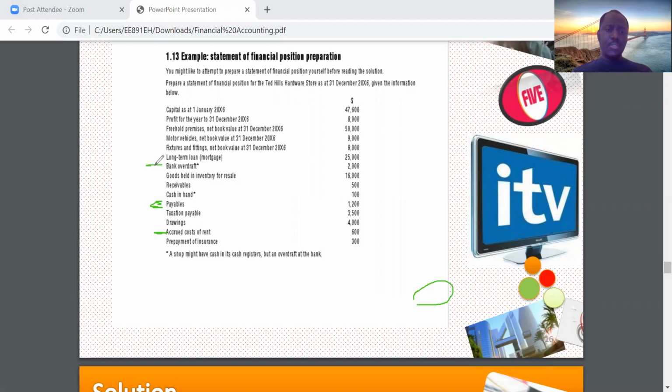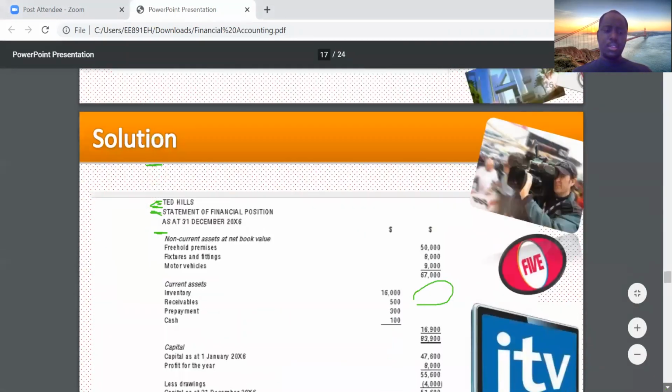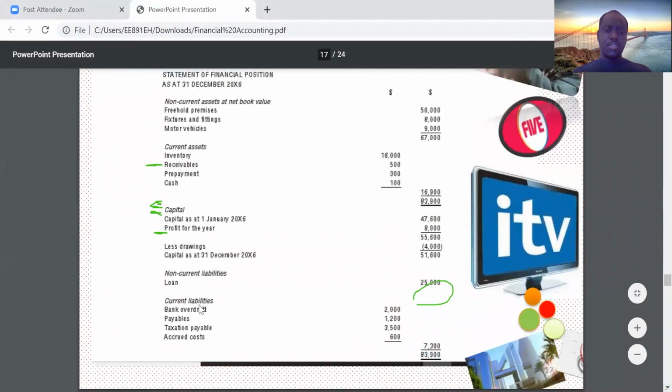Your bank overdraft is a current liability. And your taxation payable is also a current liability. So if you go back to the solution, you should see those four things: bank overdraft, payables, taxation payable, and accrued cost of rent.